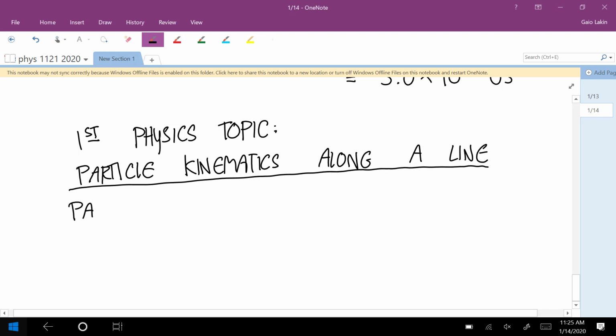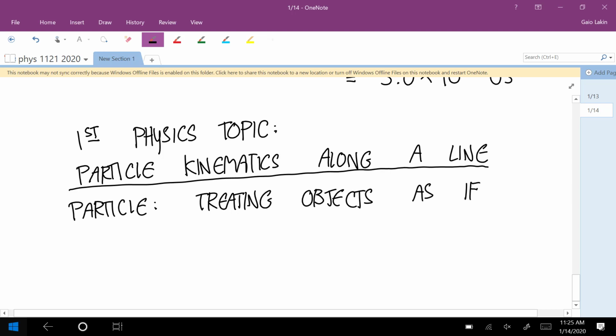So particle means that we're treating objects as if they have no length dimensions. You know, it's like the size of a point, infinitesimally small.